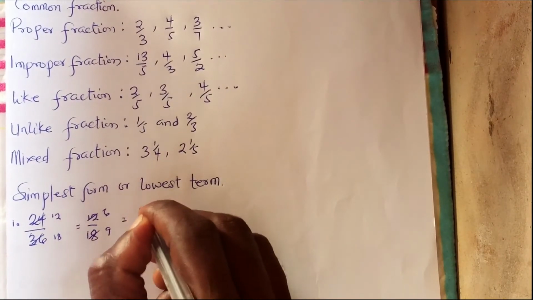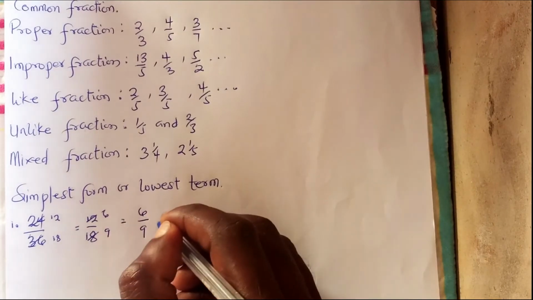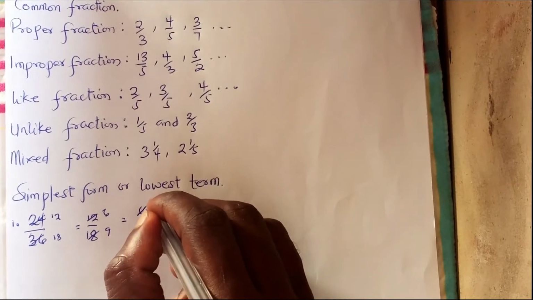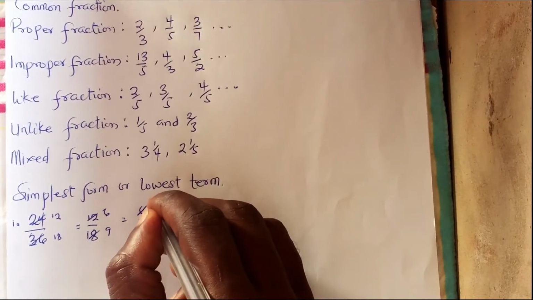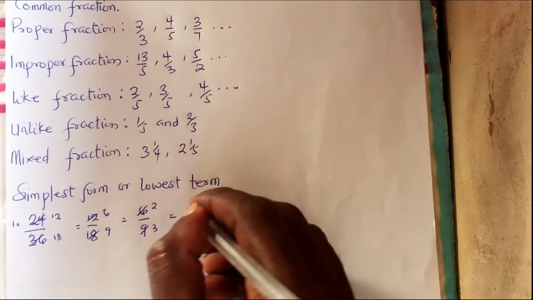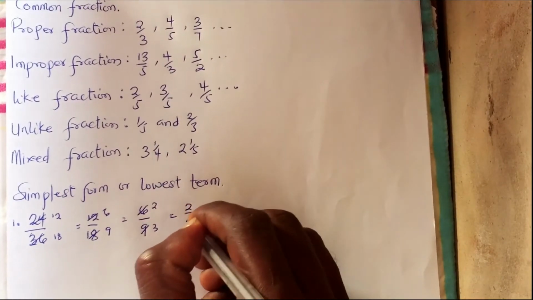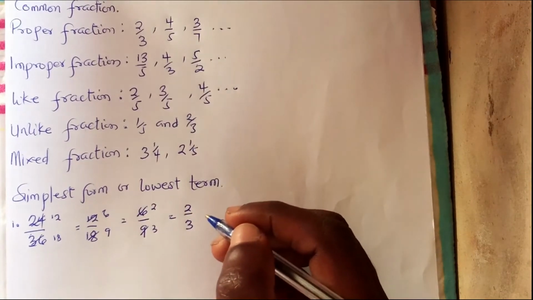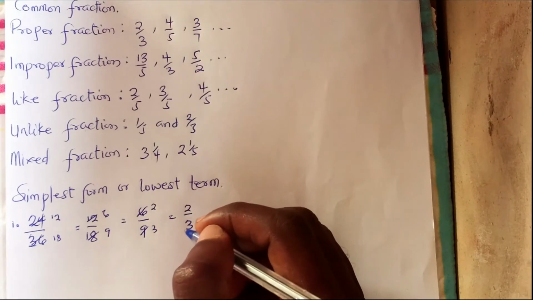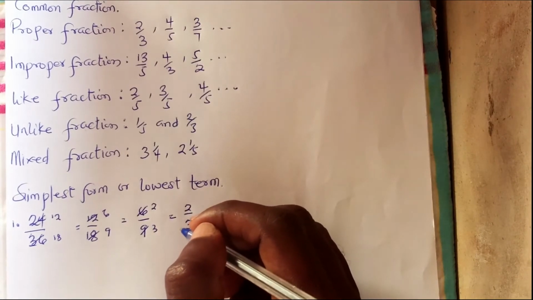We have 6 on 9, the breakdown of the 12 on 18. And also 3 can divide the 6 by 2 and the 9 by 3. We have 2 on 3. With this, we can't break it down again. So this is our final answer using the least common factor.